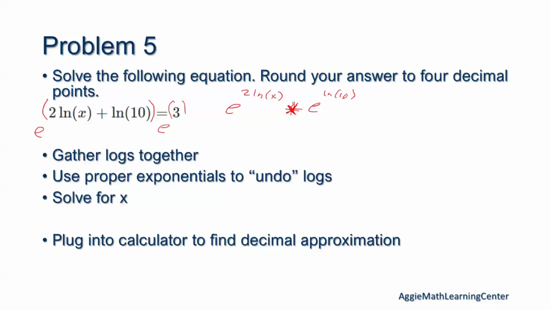Because if they're added in the exponents, for instance, if this were e to the 1 plus 2, that would be the same as e to the 1 times e to the 2. So that's what we're doing here. We have e to the 2 ln x plus ln 10. So you have e to the 2 ln x times e to the ln 10. And that's going to equal e to the 3rd.